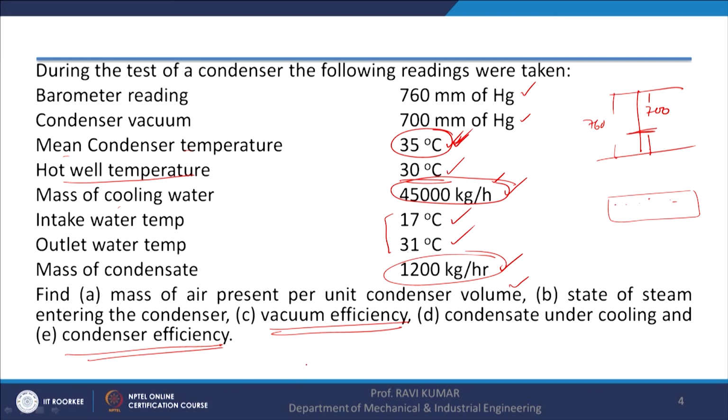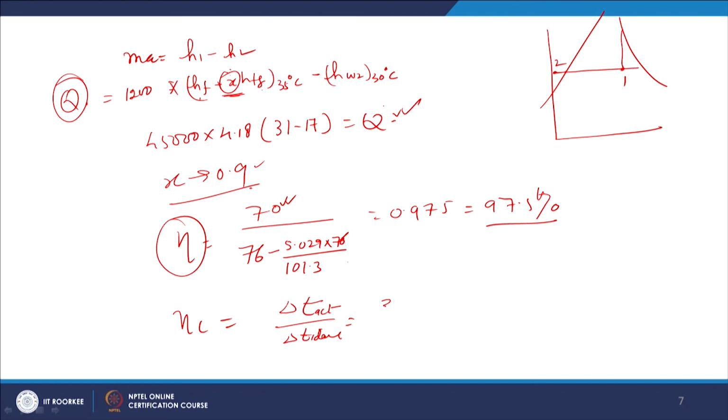So we are getting around 14 divided by 18 multiplied by 100. This is going to be the efficiency of the condenser.